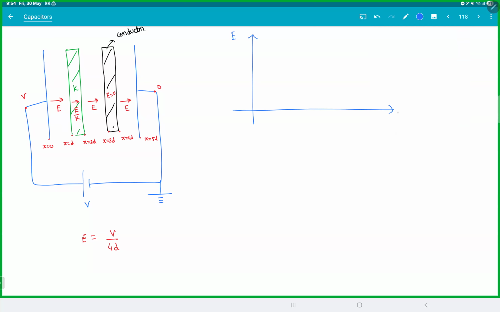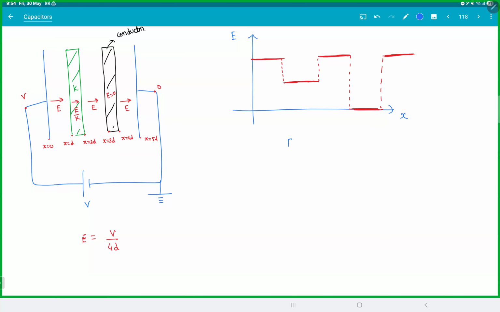If you plot E versus X graph, initially the field was constant up to D, then it decreases. Inside the dielectric field decreases to E by K. Then again it increases. Then inside the conductor it becomes 0. Then again it increases back to the value. This is how the graph will look like for field versus X.